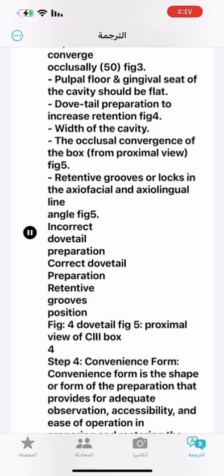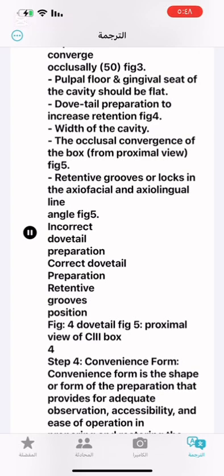Figure 2. Class 2 cavity preparation occlusal view. Removal of unsupported enamel by making the margin 90-110 degrees, because if less than 90 degrees the tooth is more subjected to fracture. Fig 3. Smooth pulpal floor and gingival seat to prevent stress concentration area. 2.